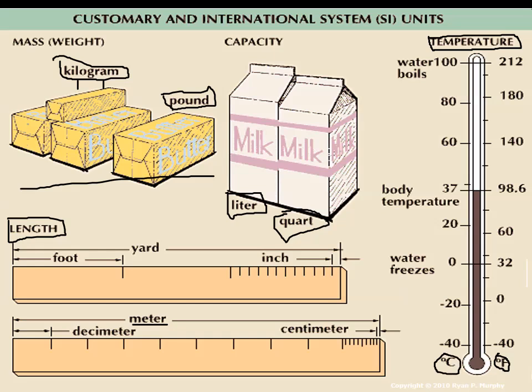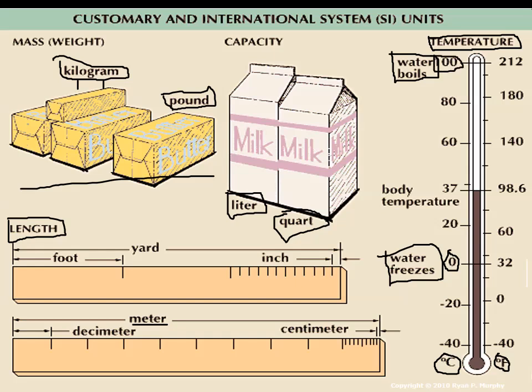And a couple really important things to know about the Celsius scale. It's based on the temperature at which water freezes and the temperature at which water boils. And you can see that there's some pretty easy numbers to remember here. Water freezes at 0 degrees Celsius and water boils at 100 degrees Celsius.